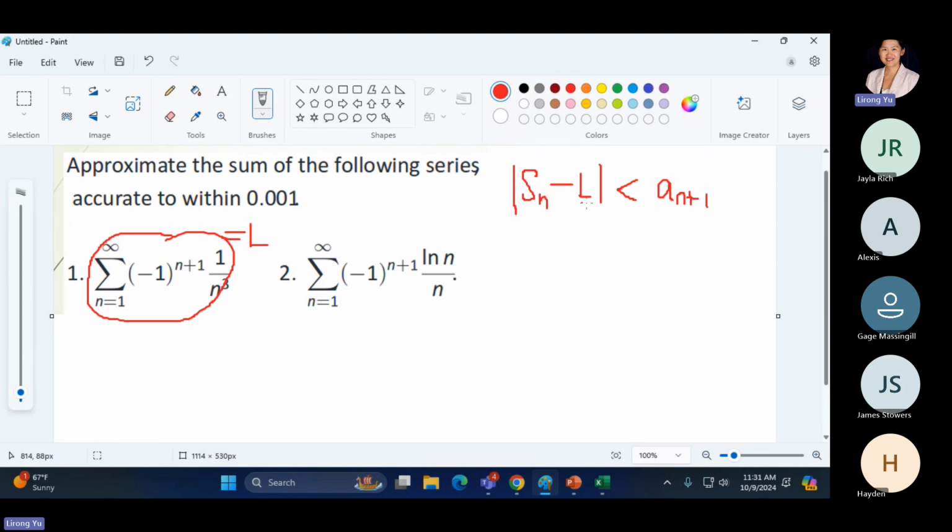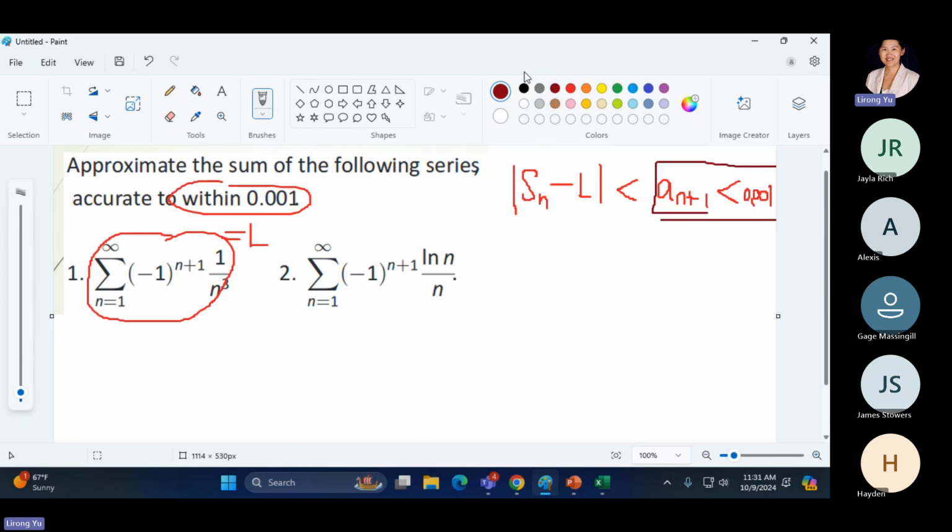So in order to figure out the right n, we would want this to be within 0.01. So this has to be less than 0.01, meaning our error can be smaller, but we don't want it to be bigger. So I guess the problem that I did yesterday was making an equation. We should do an inequality instead of an equation.